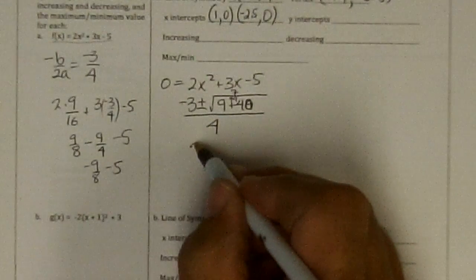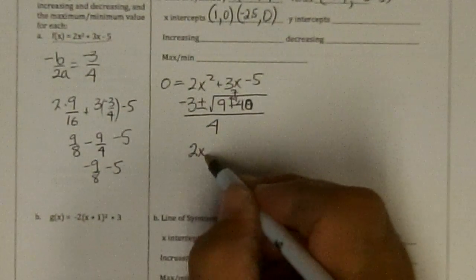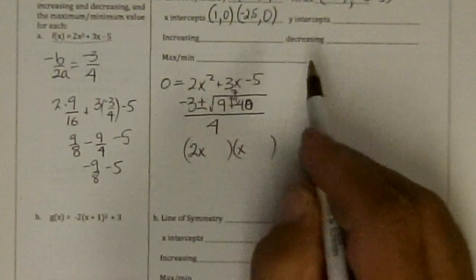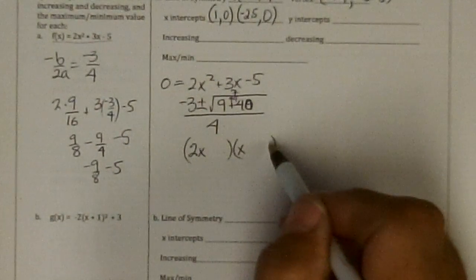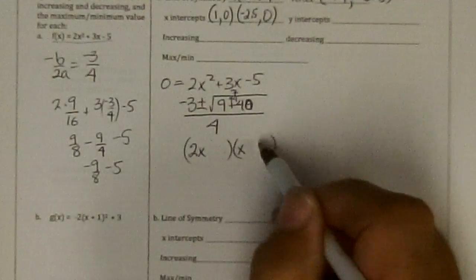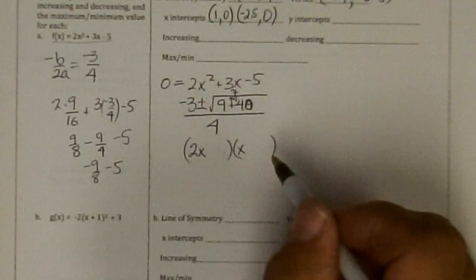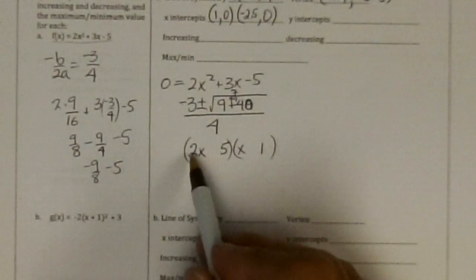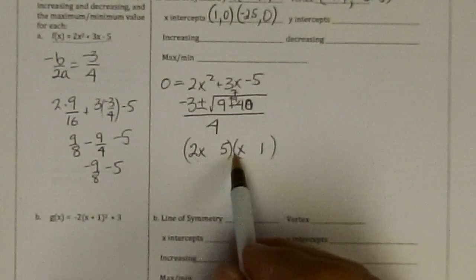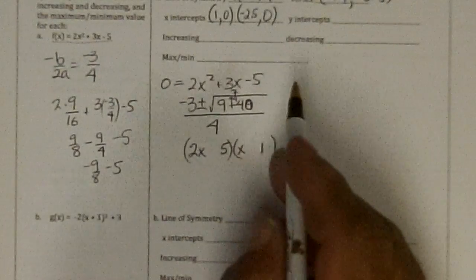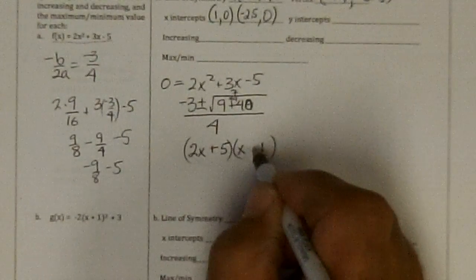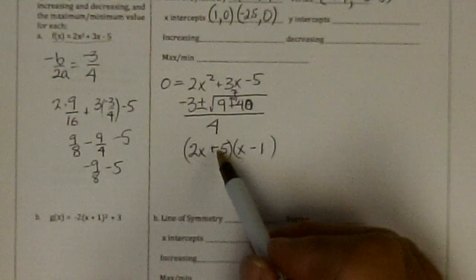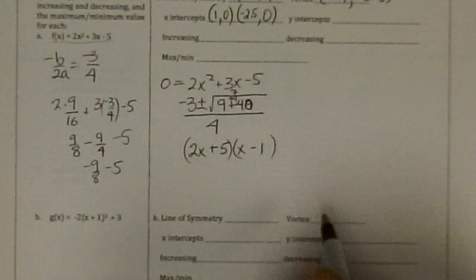This factors to 2x and x. 5 and 1, and if I put a 5 here, I'll get 10 and 1, which won't be 3. But if I put a 5 here and a 1 here, I get 2x and x and 5x. And if this is plus 5x and minus 2x, I will get 3x, and I will get a negative 5.